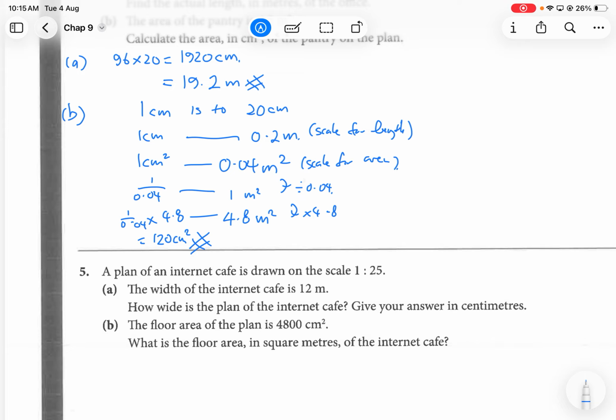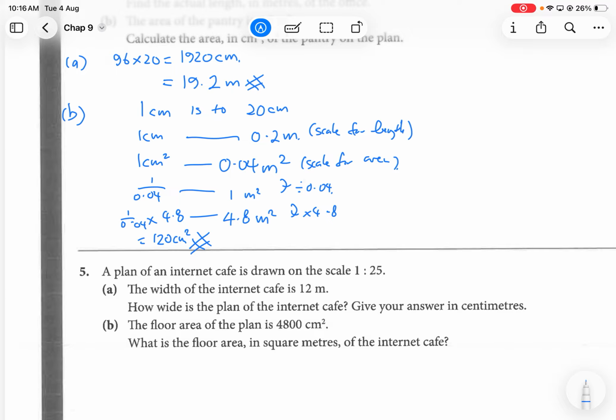Okay, can I go through? Yes, answer. In the real world, 12 meter. How big is this 12 meter on the map? The map is 1:25. Means everything in the real world I need to divide by 25, because of the scale.